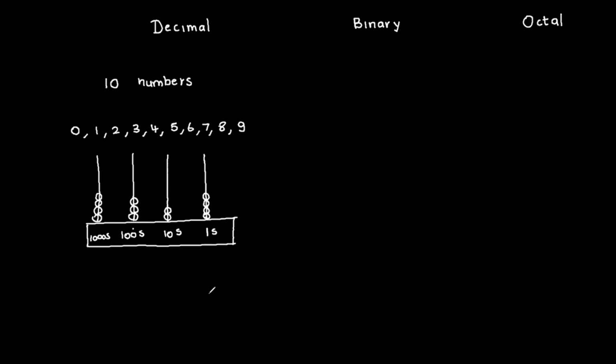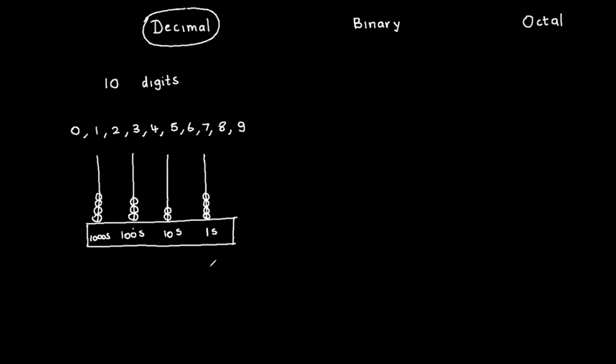Here we have ones. The meaning is, since we are using the decimal number system, where we have 10 digits, the place value is given such that it is the powers of 10.